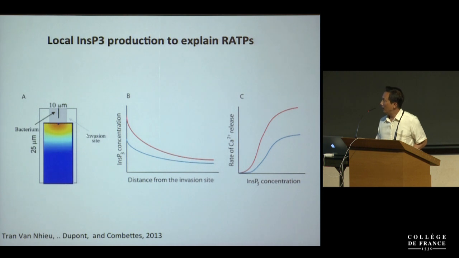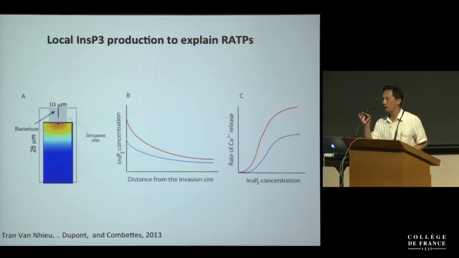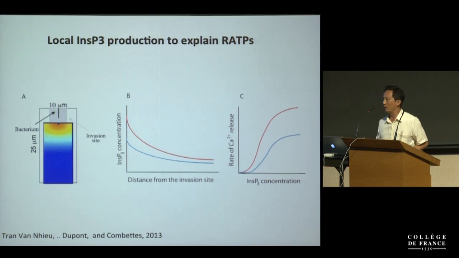So in other words, as opposed to agonist, when you have a stimulation throughout the cell surface, bacterial invasion stimulates PLCs and IP3 production locally at one site. And it's possible that because the stimulation is local, you might have a local production of IP3 there that would explain the calcium response. And this is because, as you know, there's not a linear relationship between the IP3 concentration and calcium release. In other words, for low levels of IP3, you can have high levels of calcium.